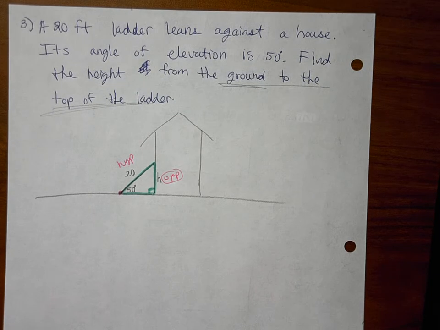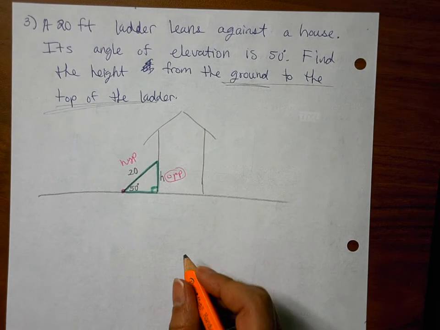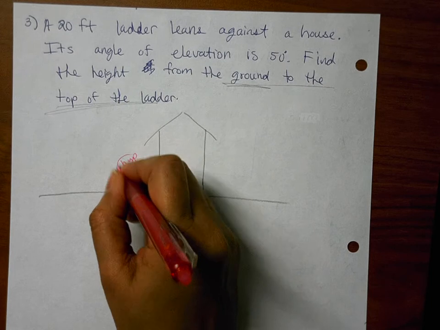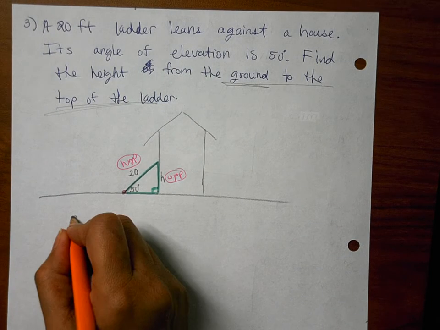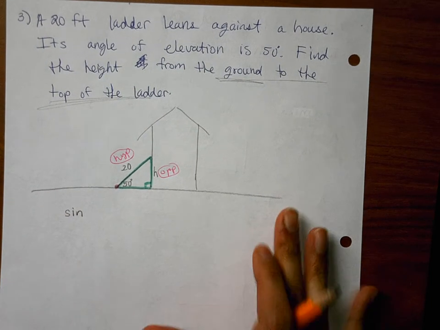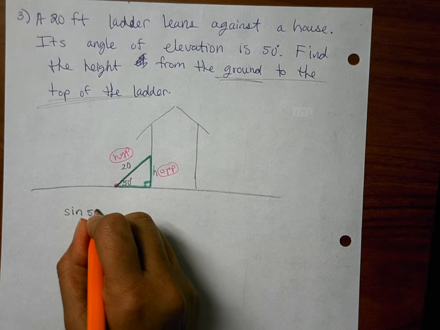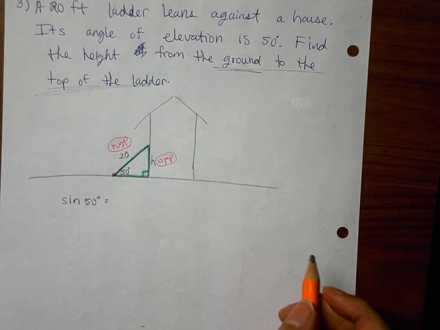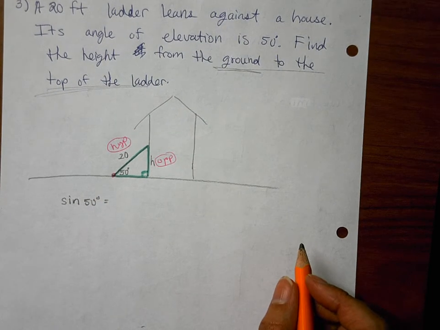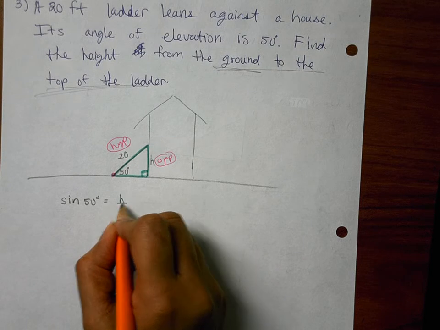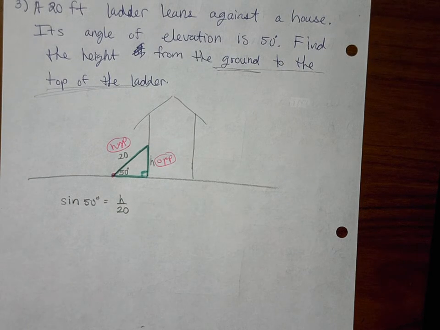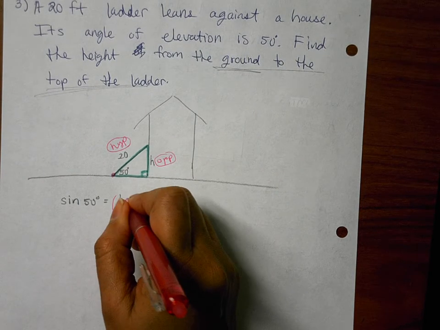SOHCAHTOA, which one's opposite over hypotenuse? Sine. So then I have sine of an angle. Sine of 50 equals what over what? H over 20. And then we solve. Multiply both sides by 20.